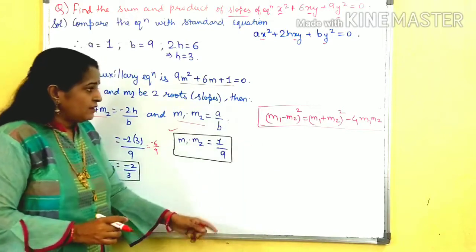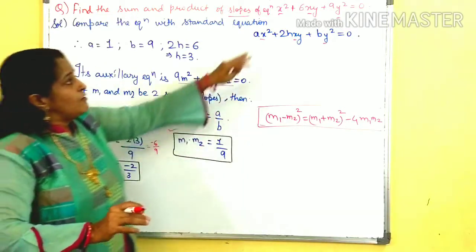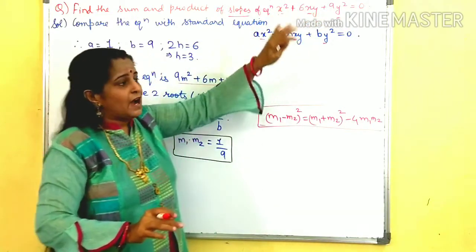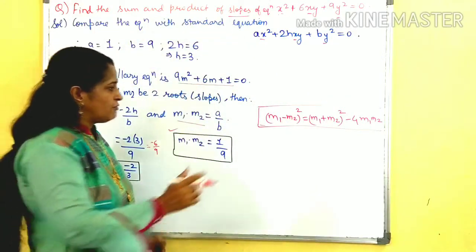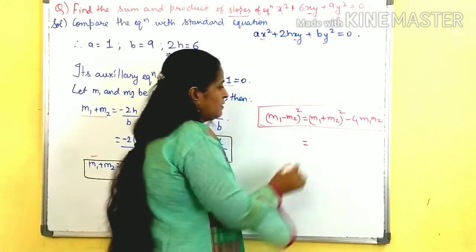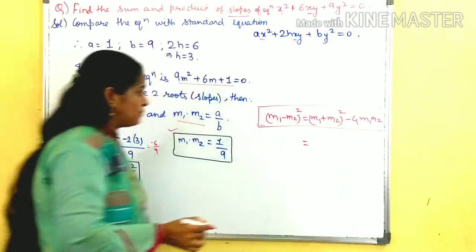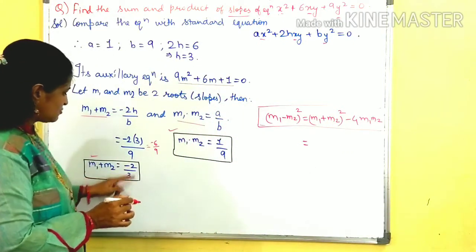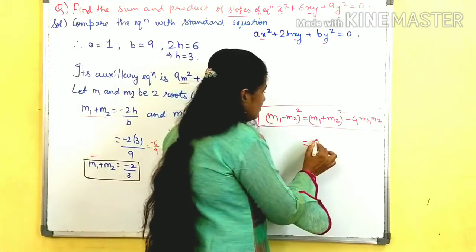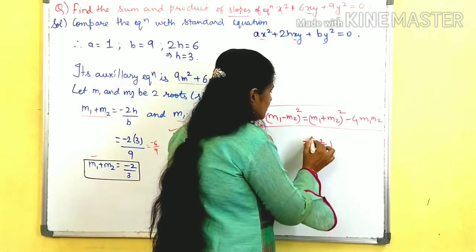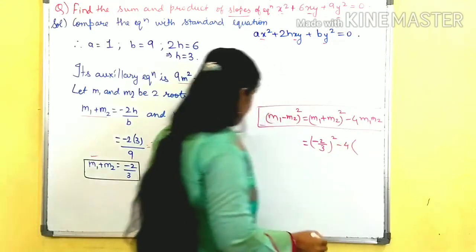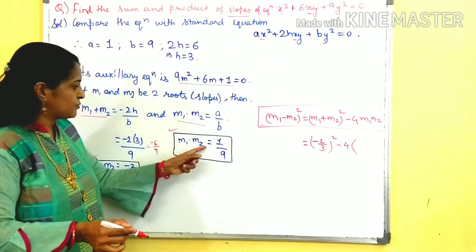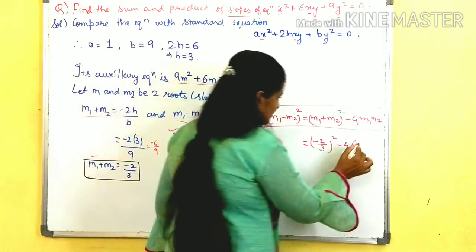For example, if for the same equation you have to find the difference between slope, so what we get here? m1 plus m2 value is minus 2 by 3. So here minus 2 by 3 whole square minus 4 m1 into m2. m1 into m2 is 1 by 9.